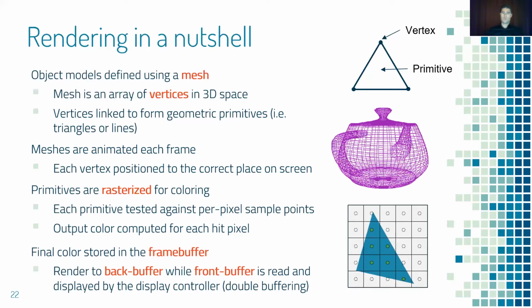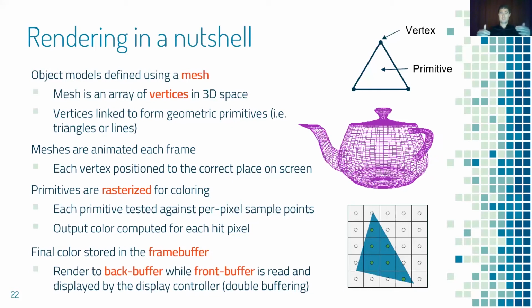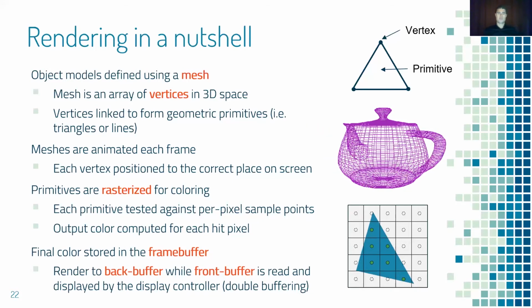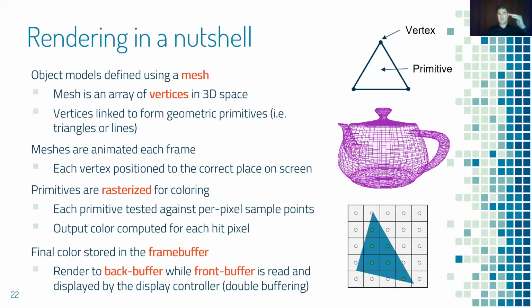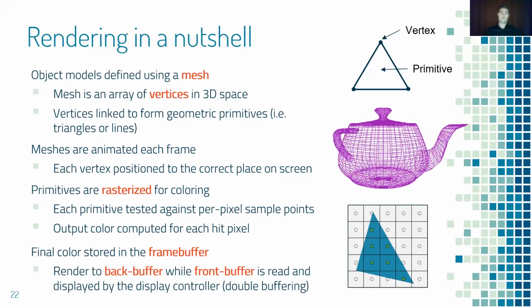Then the back buffer and front buffer are switched, and this is synced with the refresh rate of the monitor to avoid flickering. Once the monitor finishes refreshing the screen, the two buffers are switched, and in the next refresh cycle, the monitor will read the other buffer while the GPU renders the previous one.